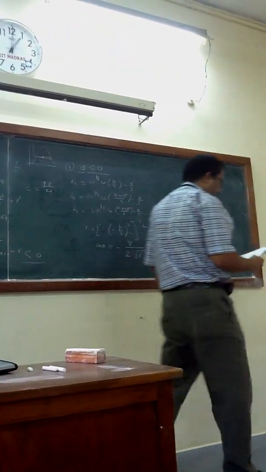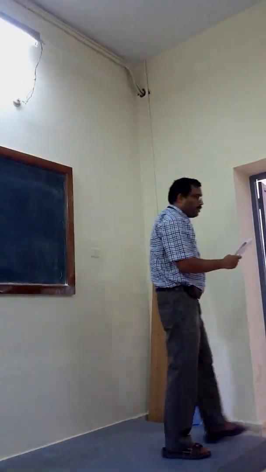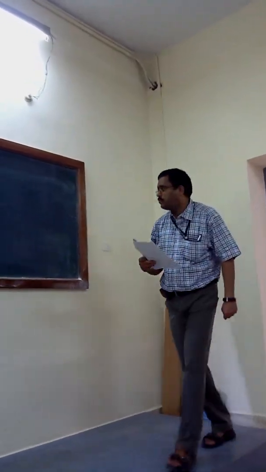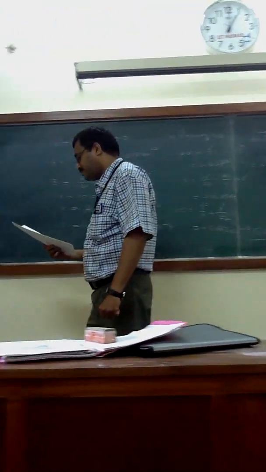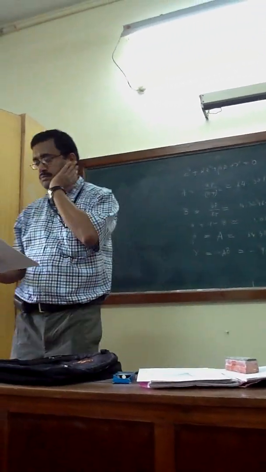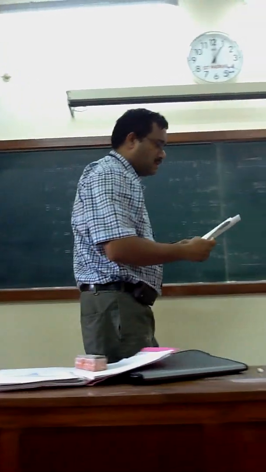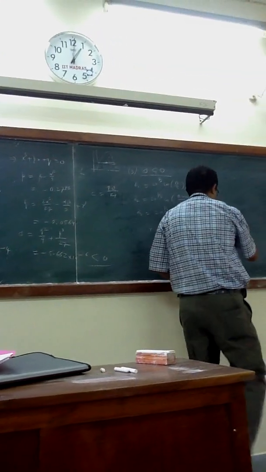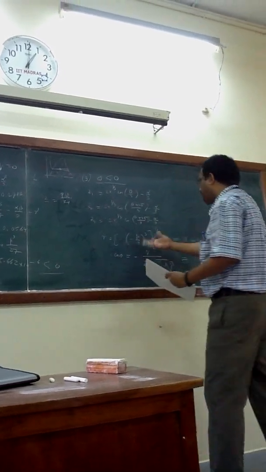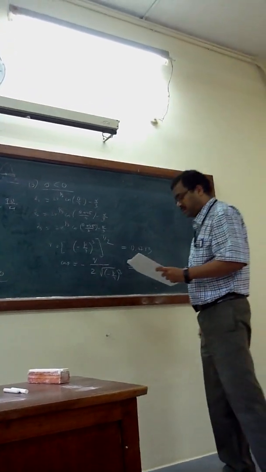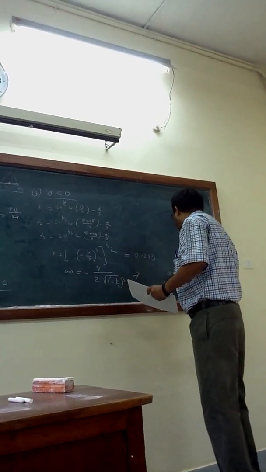How much is R coming? It should not be a complex number. Be careful while putting the minus sign within the root. How much is it coming? 0.0283.